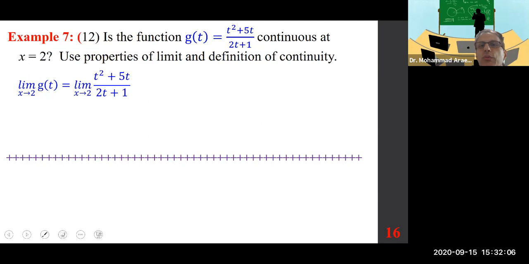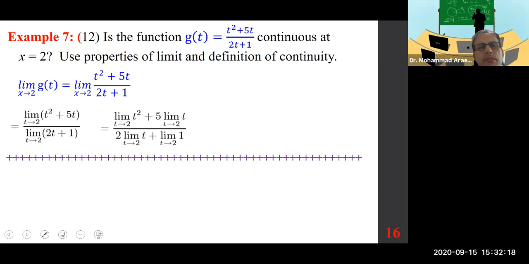You have two pieces at top, two pieces at the bottom, you separate them in that manner. This is how the limit laws work. I hope you remember that, at least for a case like this. Now, you work it out and you get 14 over 5. And now you say this is the limit.